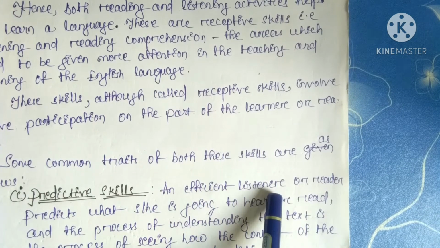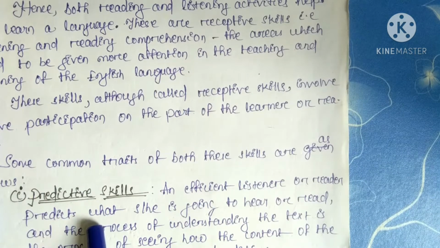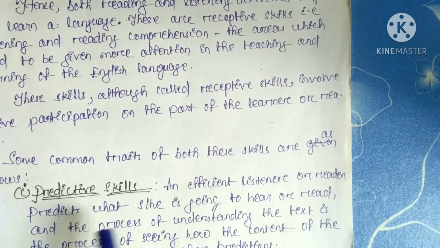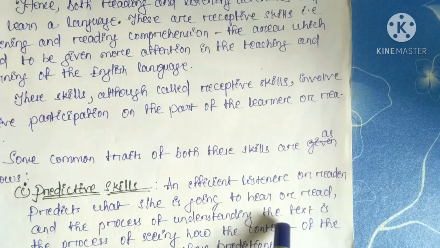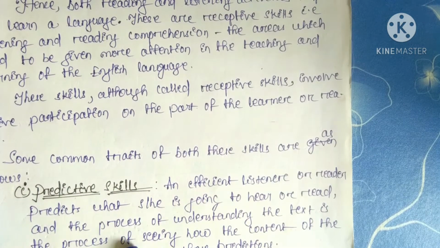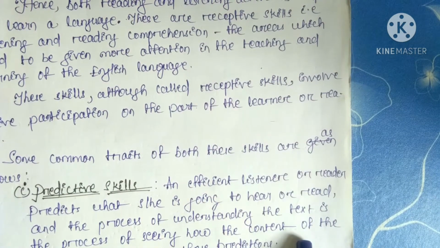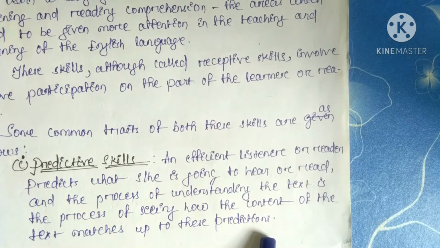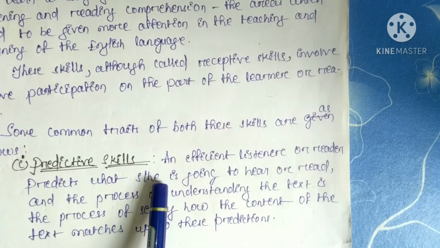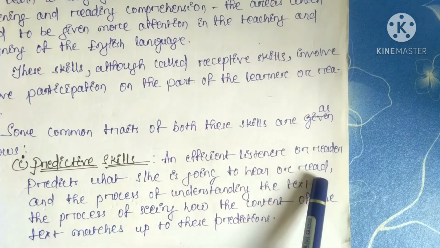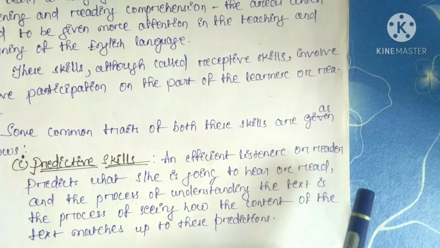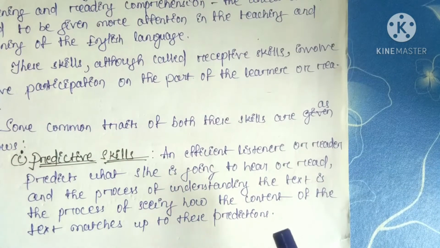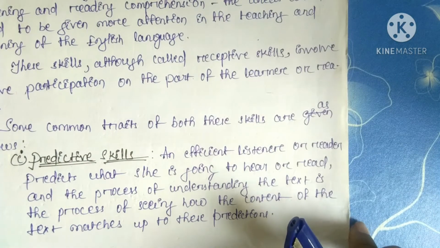An efficient listener or reader predicts what she is going to hear or read, and the process of understanding the text is the process of seeing how the content of the text matches up to the predictions. So these are the predictive skills. In both listening and reading activities, teachers should develop predictive skills by asking more questions of the learners so that they can guess the meaning.